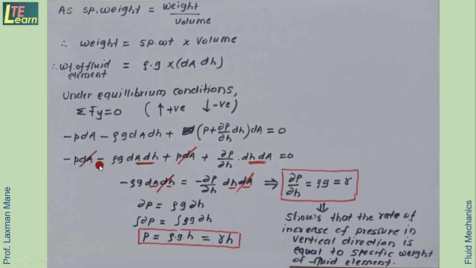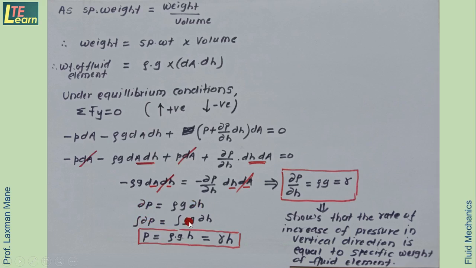Also we find here a minus P dA and here a plus P dA, so these will also cancel. So what remains is delta P by delta h equal to rho g. Further, delta P is equal to rho g delta h. This is the differential form.